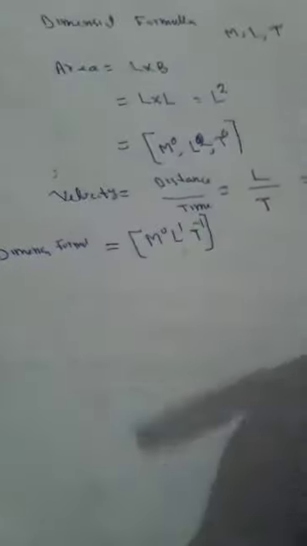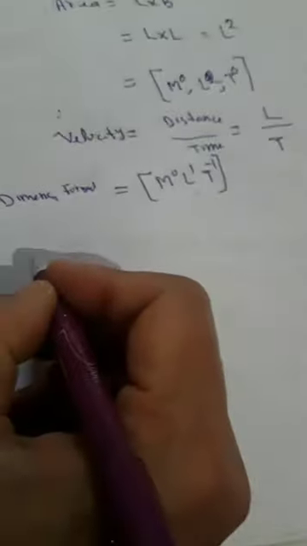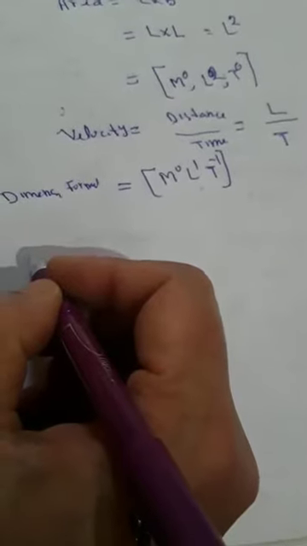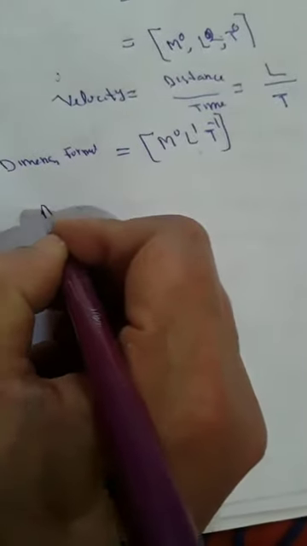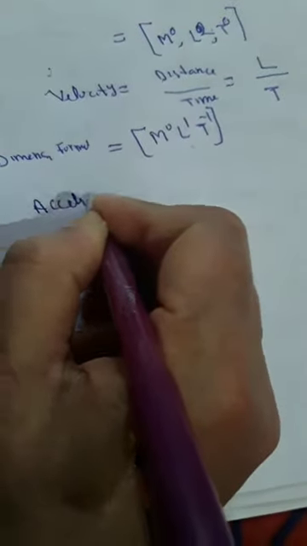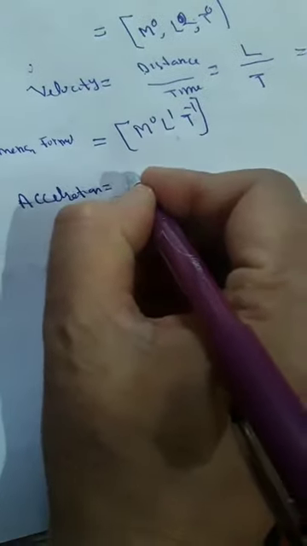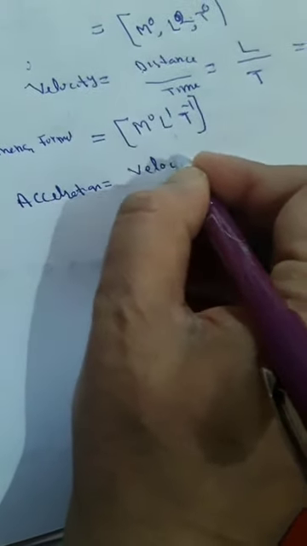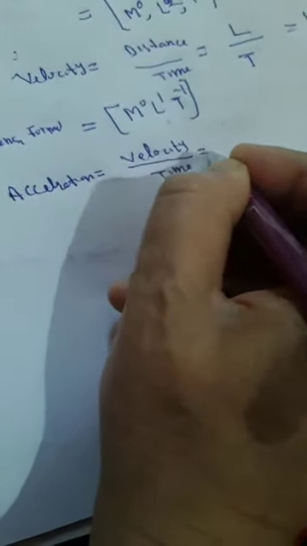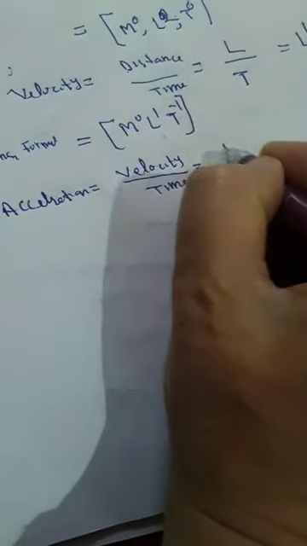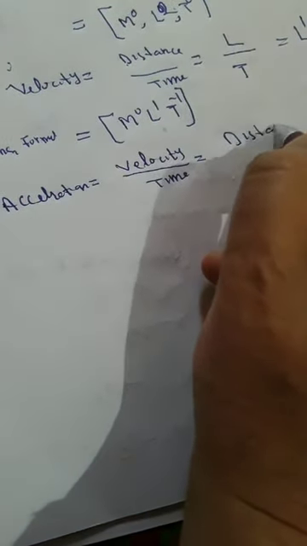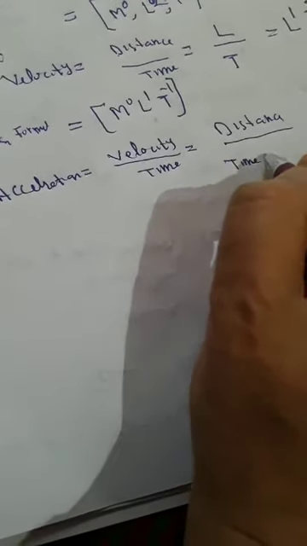If we express acceleration in the same way, it is in our syllabus to find out the dimensional formulas of various quantities. Acceleration, as you know, is the rate of change of velocity. That is velocity divided by time. Again, you can write velocity is equal to distance divided by time, because I have to express in base quantities. Time is already there.